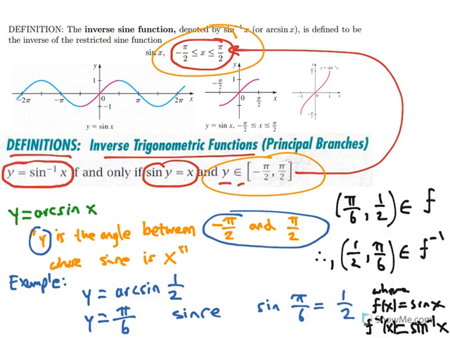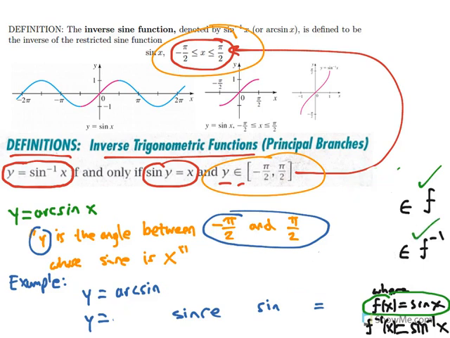So what that means is, let f of x be equal to sine x. We know that sine of π/6 is 1/2, so the ordered pair (π/6, 1/2) belongs to the function f of x equals sine x. So the reverse ordered pair, (1/2, π/6), must belong to the inverse sine function. Let's look at another one. What if y is equal to arcsine of 1?